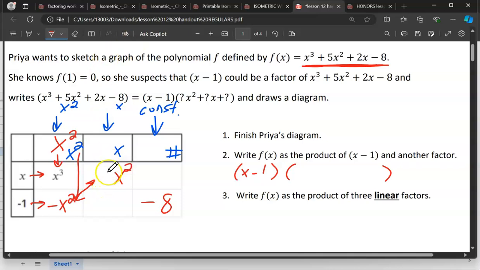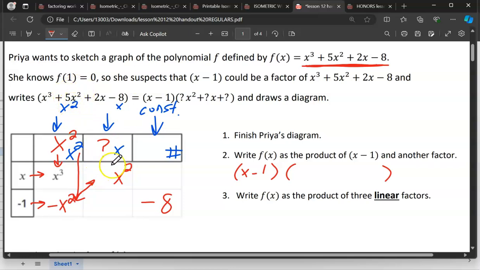But I could have a number in front, right? I could be 2x squared, 3x squared, or so on. How do I know what the number is in front of this? So what number do I put? It's based on the fact that I'm going to combine negative x squared and this box. Together, they are going to form 5x squared.